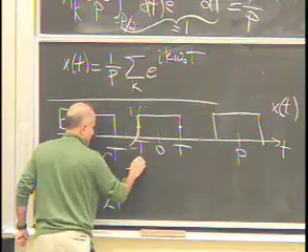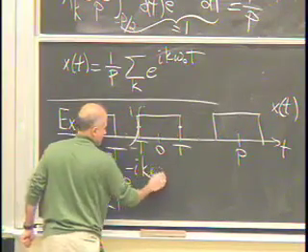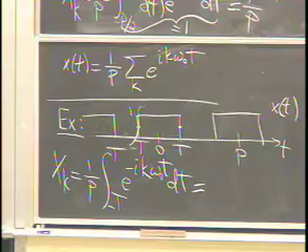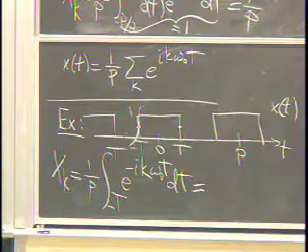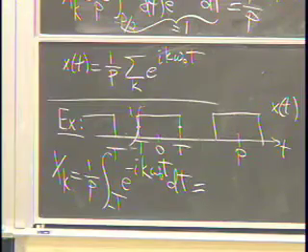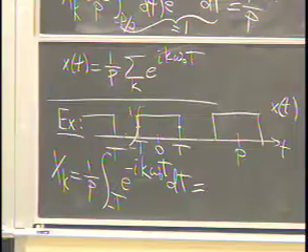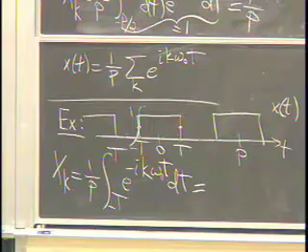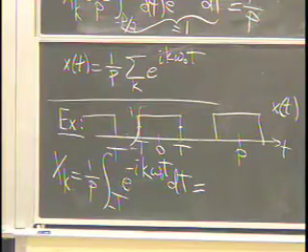So you have only e to the minus I k omega naught t dt, and I'm going to give you about a minute or two to tell me what that is. This is not a pop quiz. You can talk to each other about this problem.